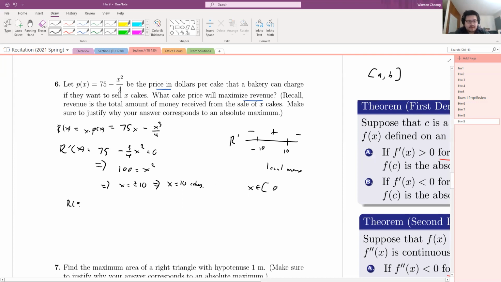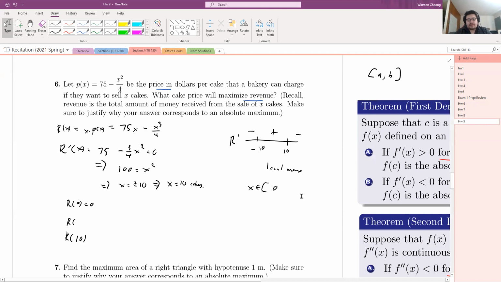If we plug 0 into the revenue function, we're going to end up with 0. And we want some other endpoint also to end up equaling 0. We will then also want to plug 10 into the revenue, and we want to see that that is going to have a positive value. Therefore, it'll maximize the revenue because it'll be the highest value on this list of candidate values for absolute maximum.